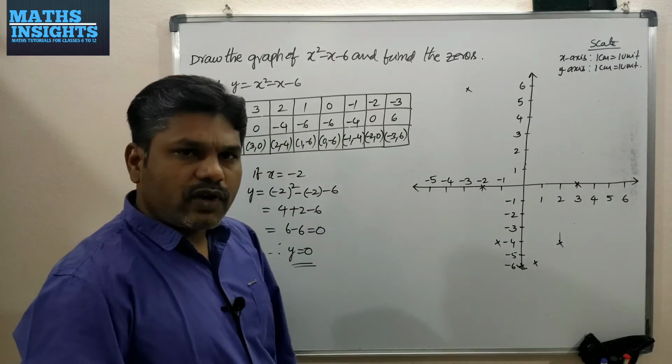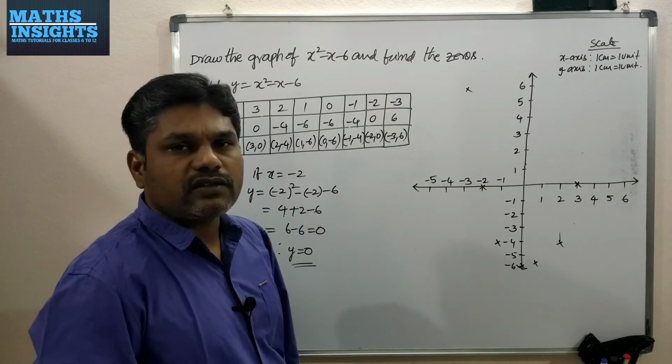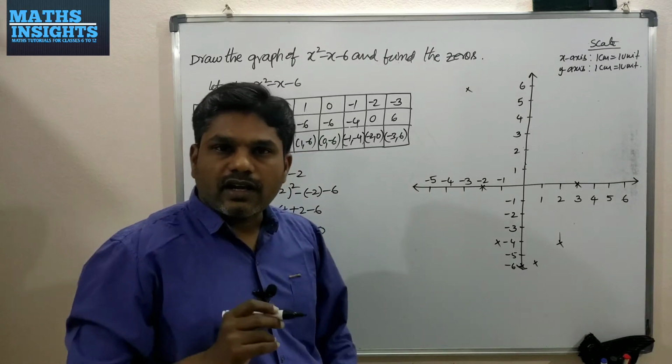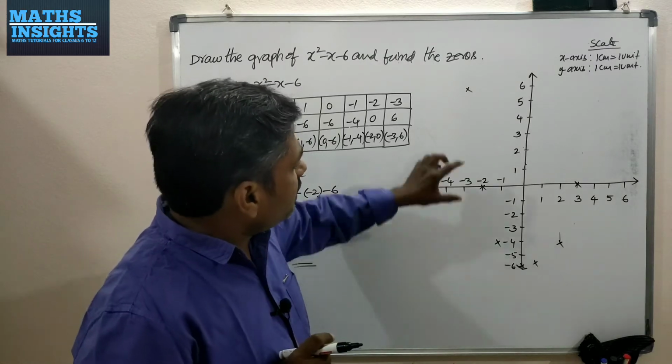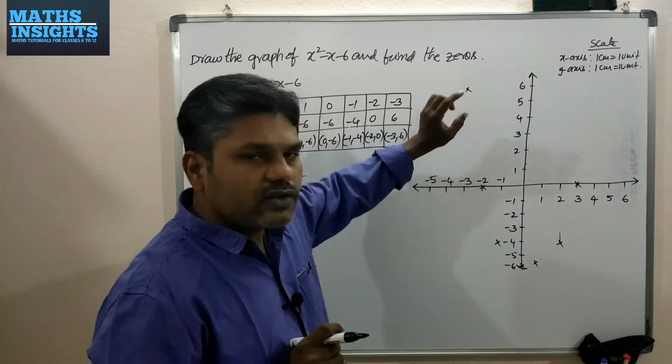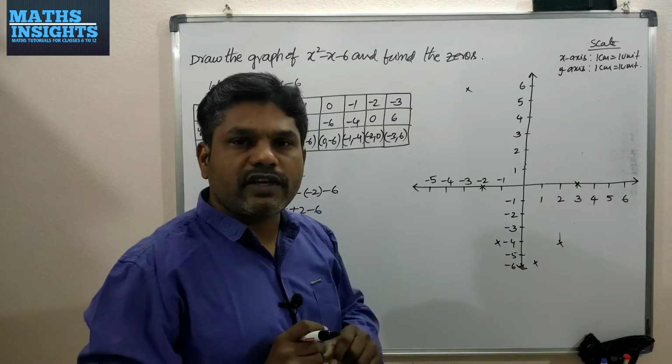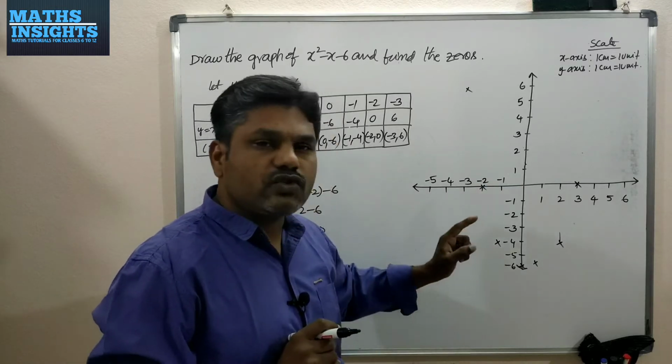After plotting these points, you have to join them, whether with your hand or by taking a scale. But if you take a scale, you have to join these 2 points only by using the scale. Then again you have to change the direction of the scale and join these 2 points.